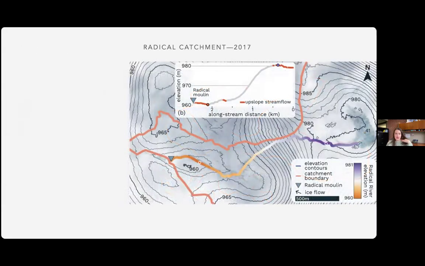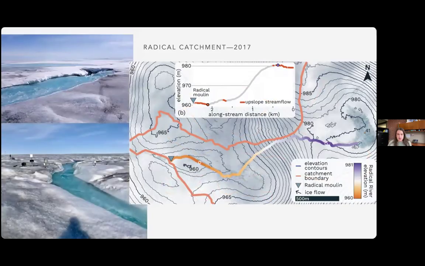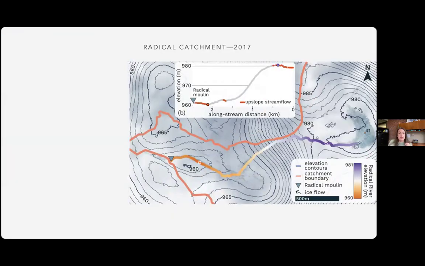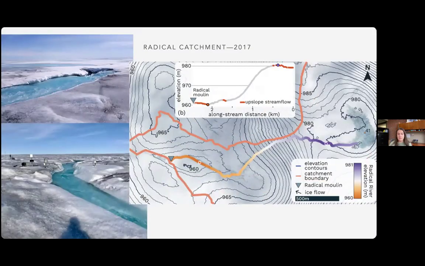So I looked at the distribution of these catchments over 2017 to 2019 and saw that over this time period, they coalesced. Here I'm going to break down some of the observations of how this occurred. First, Radical catchment in 2017, so the same figures on the left.